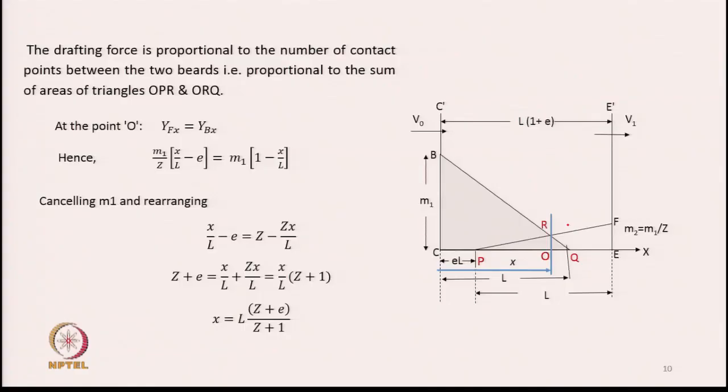So, at the point O, what will happen? y_f(x) will be equal to y_b(x), because the number of fibers either moving at back roller or front roller are going to be the same at the point O, because both are equal to OR. Therefore, y_f(x) will be y_b(x), and hence we can write from the equations that m1 by z into (x by L minus E) is going to be m1 into (1 minus x by L).